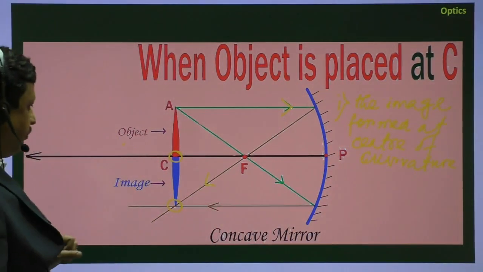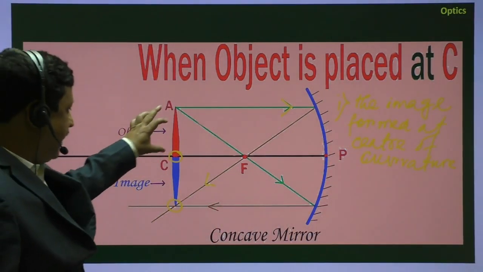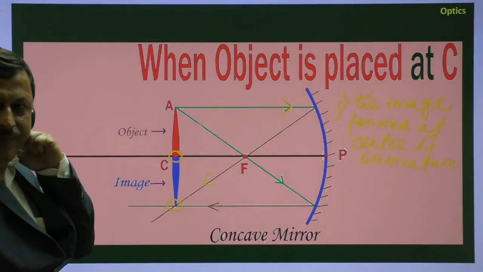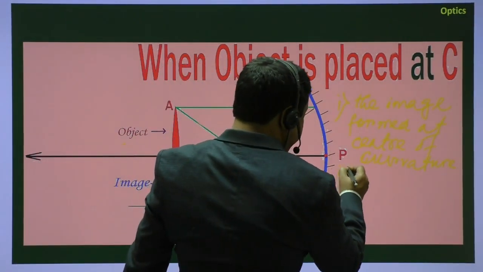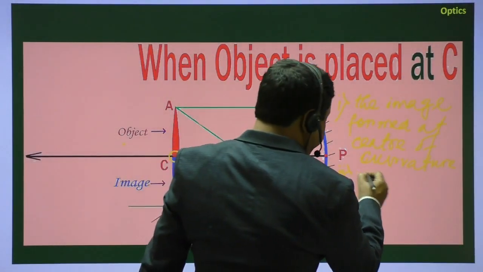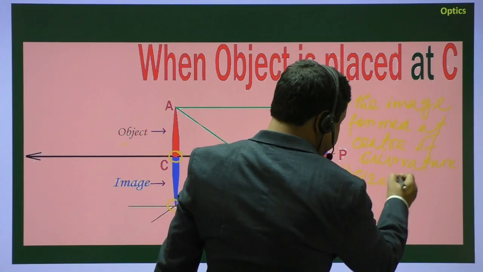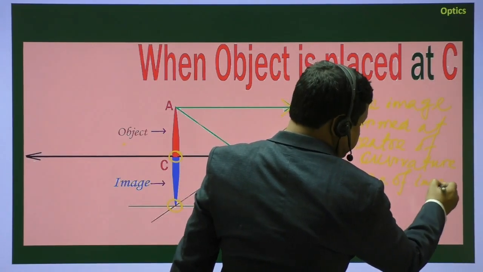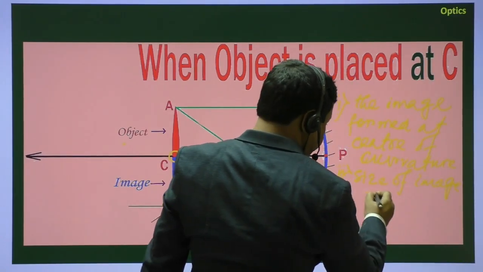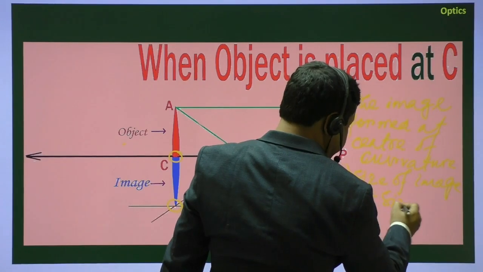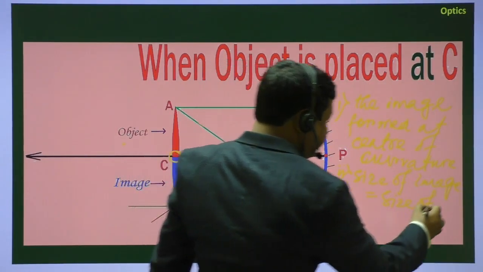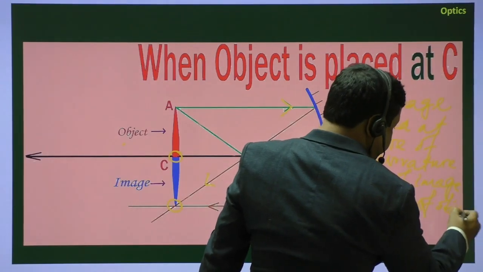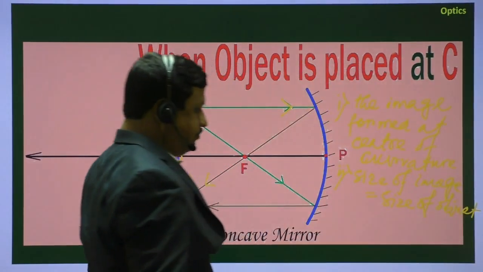Number 2, the size of the object and the size of the image are the same. The size of the object is the same as the size of the image. Not diminished, not enlarged, right? The size of the object and the size of the image will be the same.